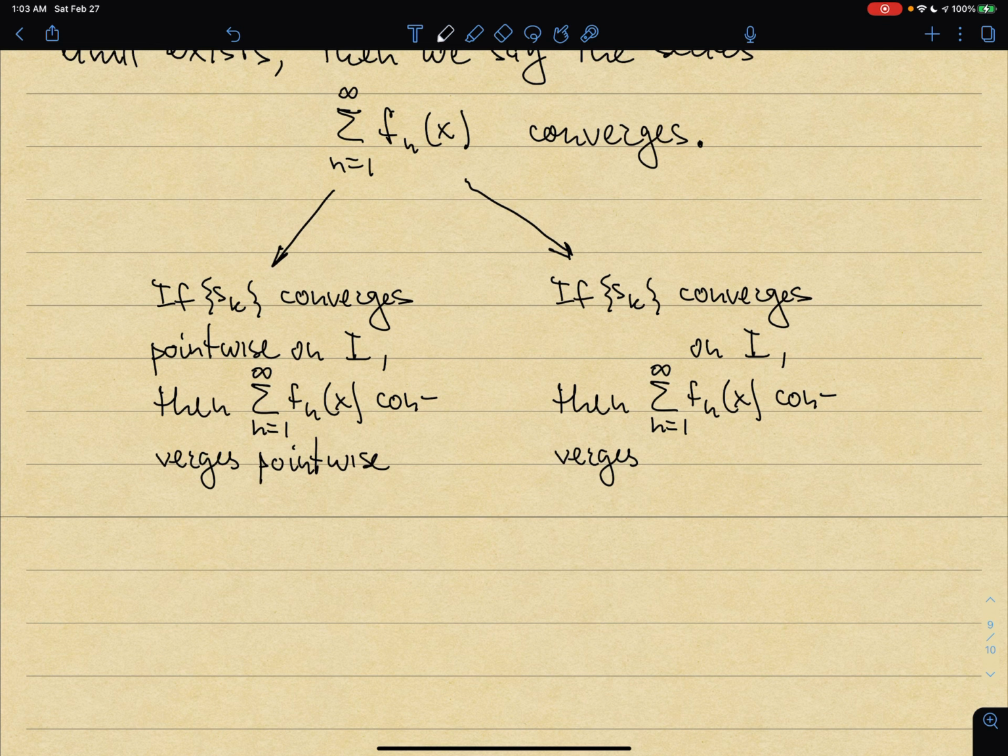So if the sequence of partial sums converges uniformly on I, then we would say that the series converges uniformly on I.